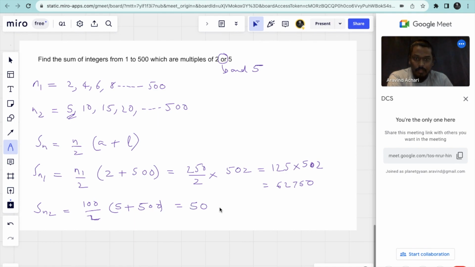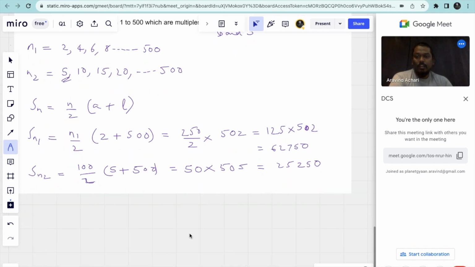So 50 multiplied by 505, correct. So 50 multiplied by 505 will be 25250.